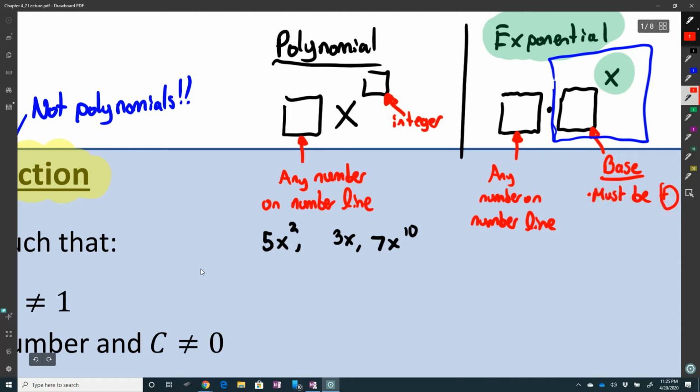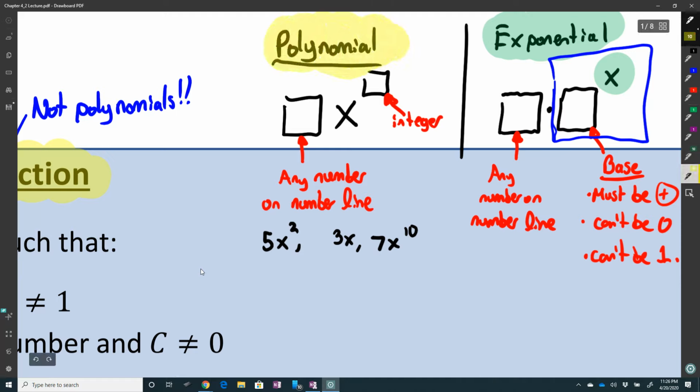So it must be positive, and it can't be 0, can't be 1. Right? But anyway, so that's the difference between a polynomial and an exponential.